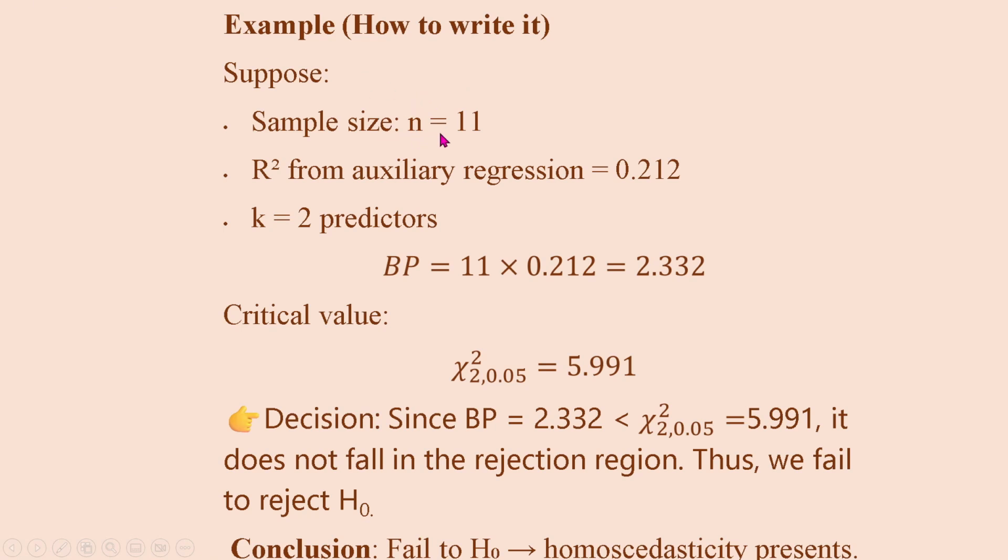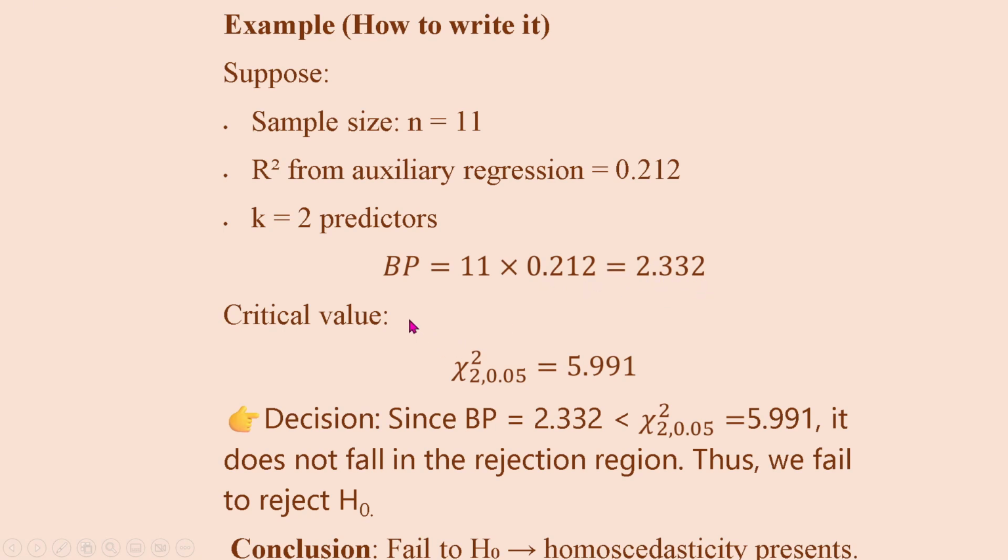The sample size is 11 data points, and the R-squared from the regression of res2, the squared residual, is 0.212. We have two predictors. So the BP test statistic will be 11 times 0.212, which is 2.332.